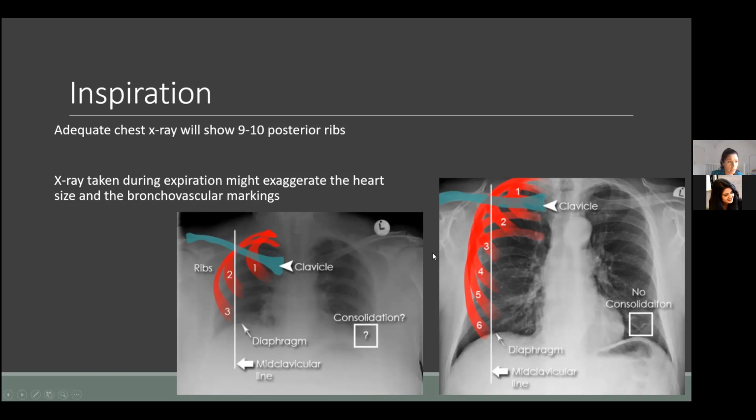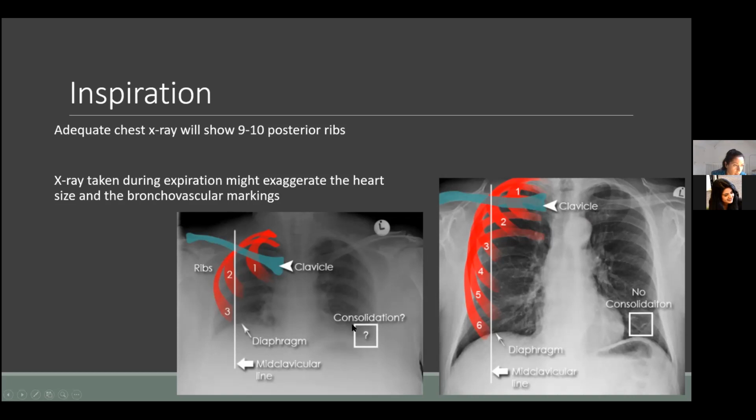So here, just to give an example, you see a chest X-ray in expiration and a chest X-ray of the same patient, same day, in inspiration. As you can see, what happens in the lower zones of the lungs is really hard to tell.